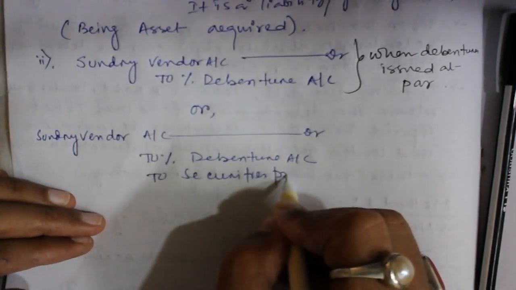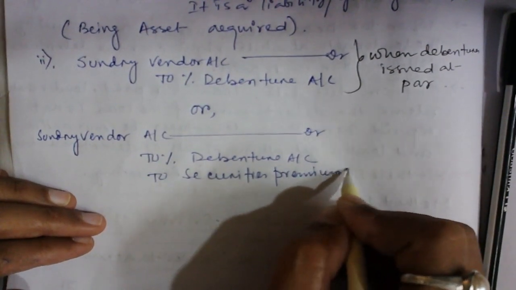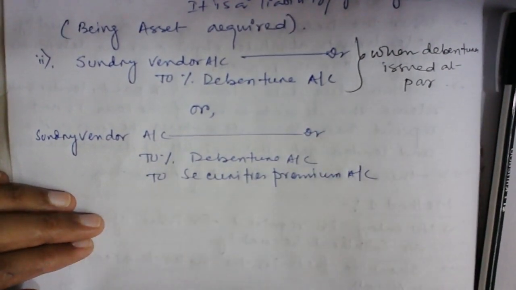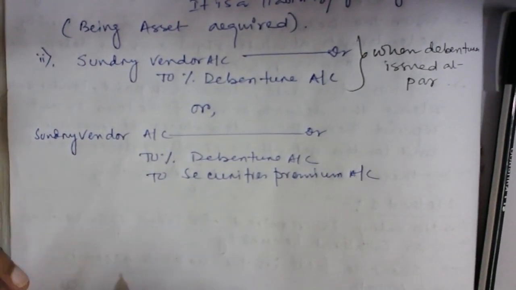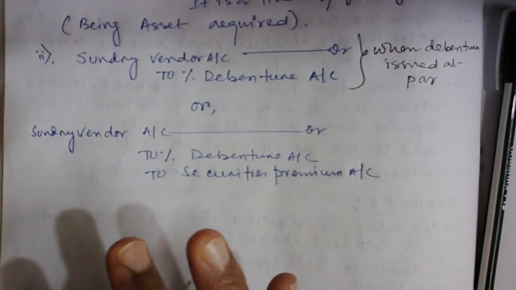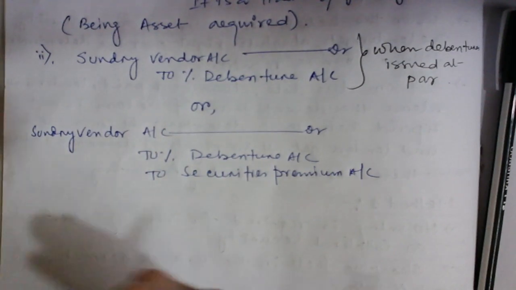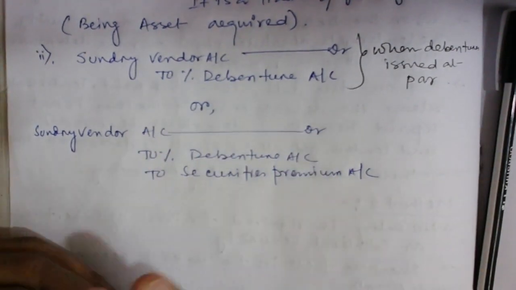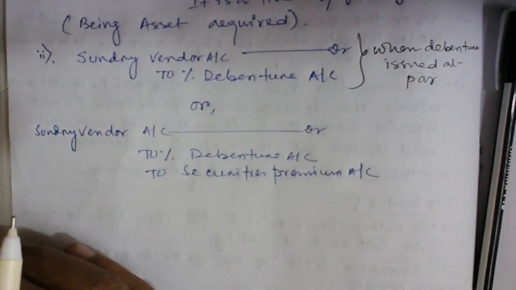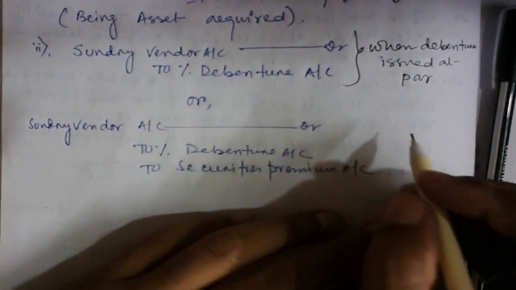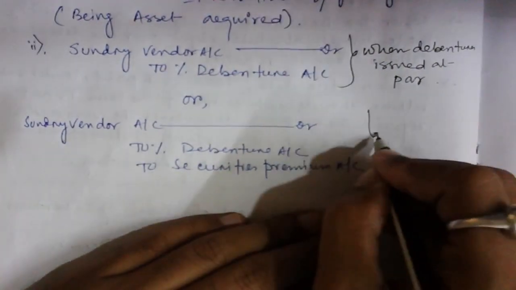We are issuing the debentures at a premium. Obviously, securities premium should be created. I am giving the vendor that much of debenture, but obviously with a premium. So premium should be created and shown under the separate head in reserve and surplus. Okay. So when debenture issued at premium.